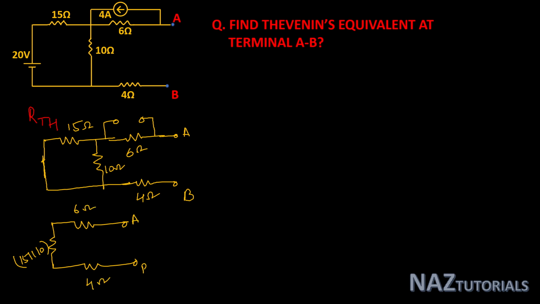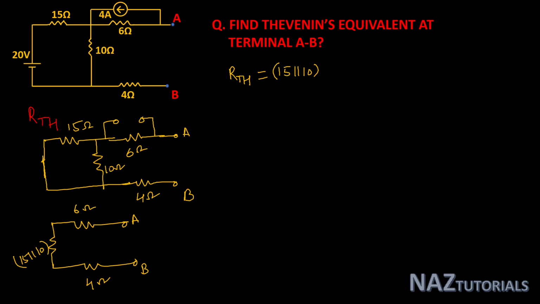This is terminal A, terminal B. So here you can say RTh is 15 in parallel with 10. Here you can see this combination is in series with 6 ohm and 4 ohm.